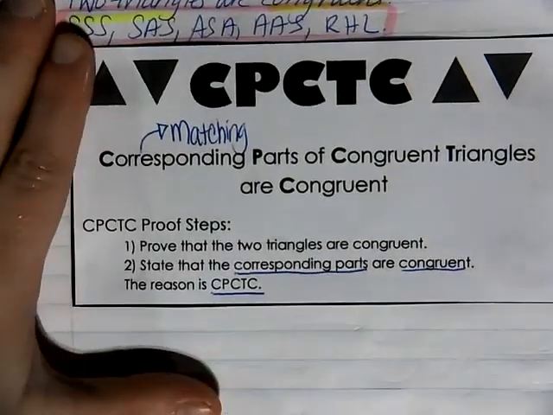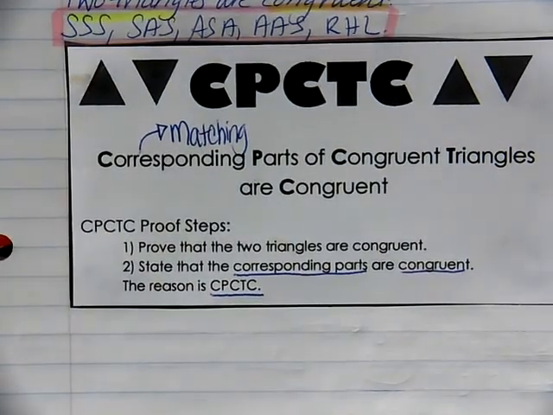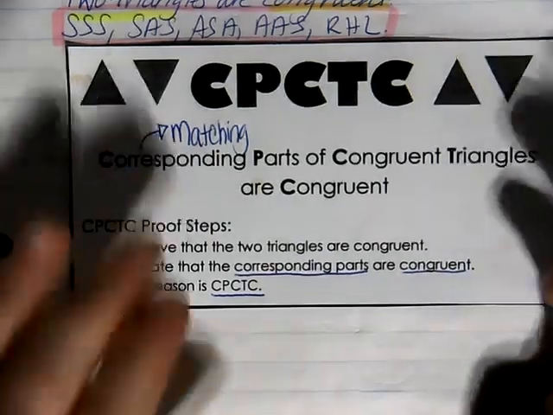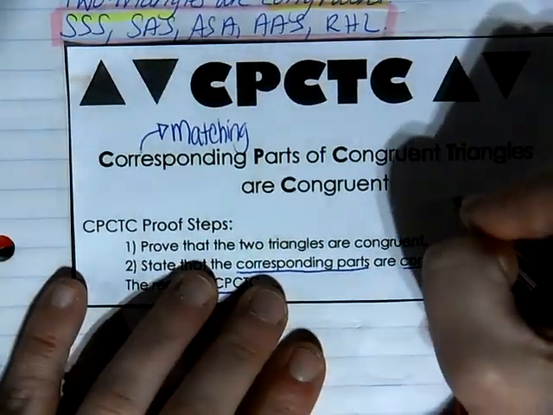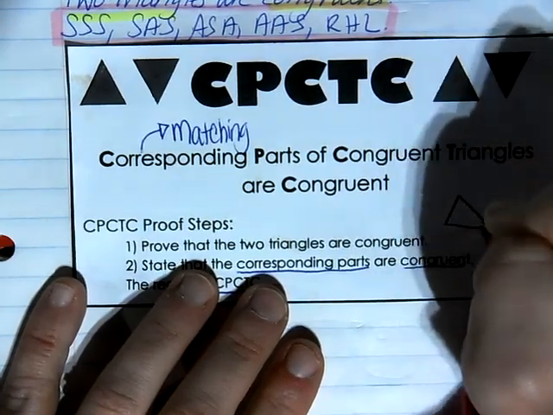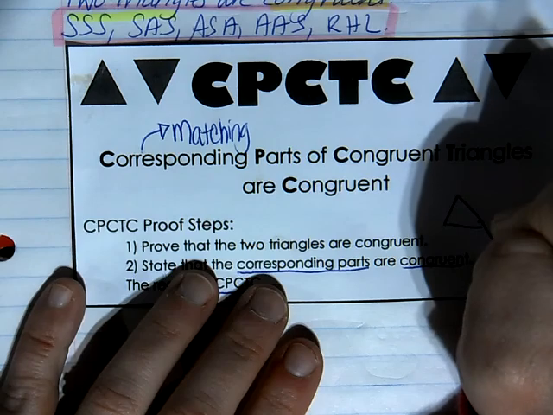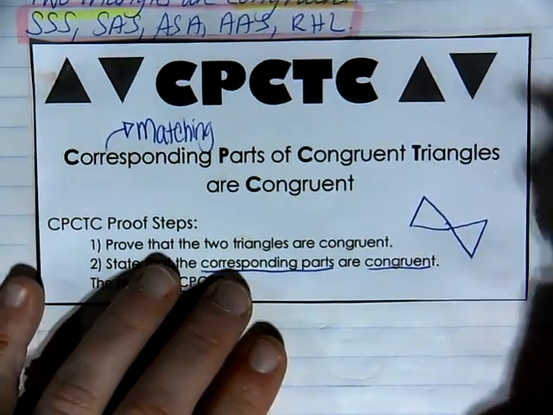The reason we want to do that is if you have corresponding parts that are congruent, like let's say you show that in 2 triangles, so I'm just going to draw 2 triangles really quick. We're told that these 2 triangles are congruent.